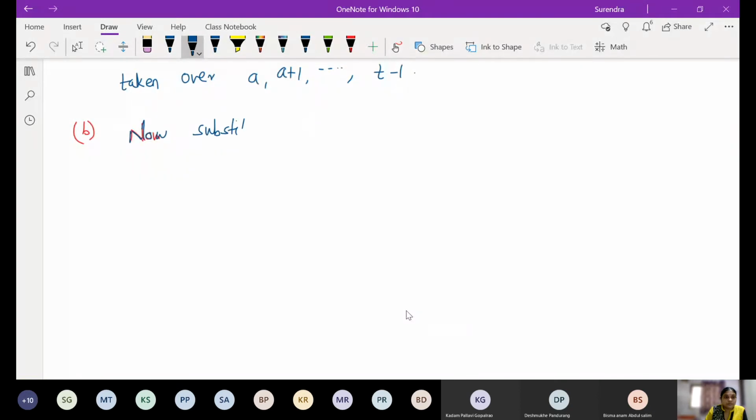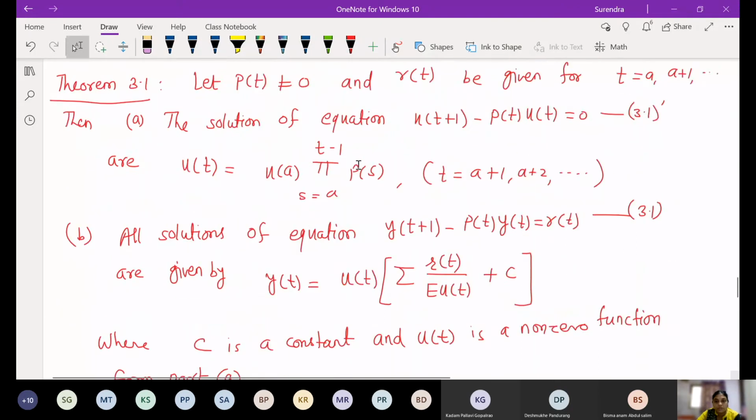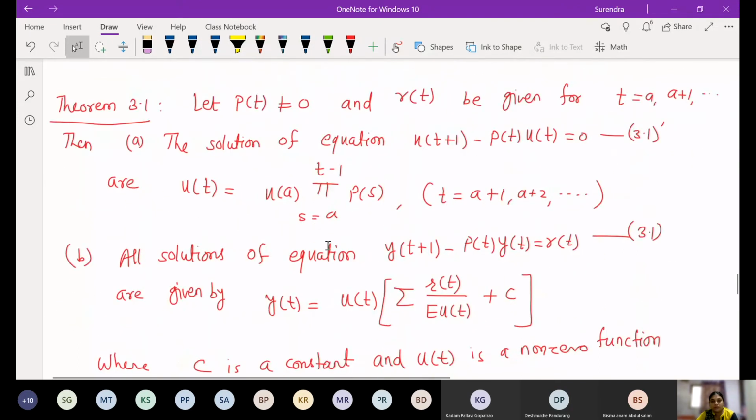Substituting y t equal to u t into v t in equation 3.1, we get... what are we doing now? I want to solve this equation and I have u t as a solution of the homogeneous equation.